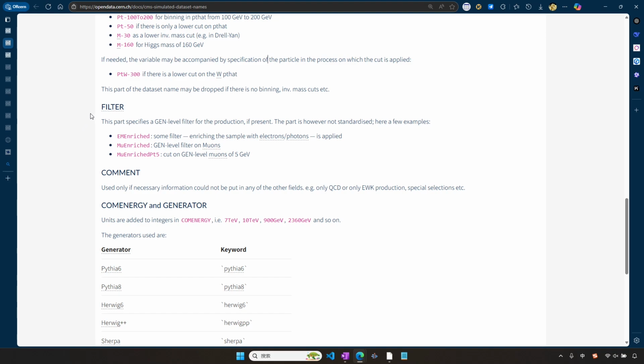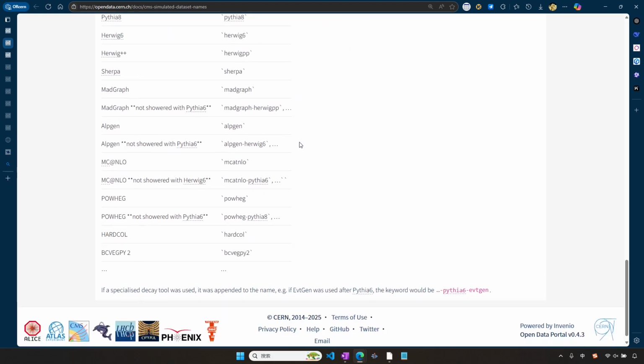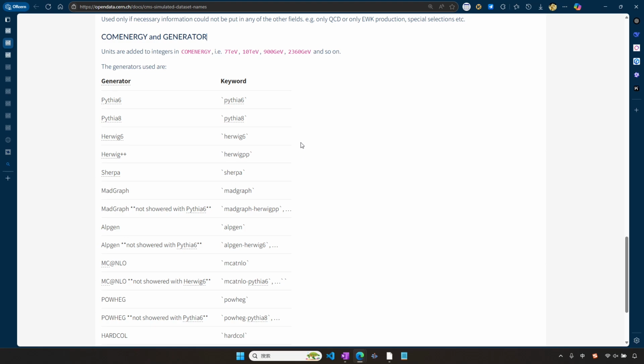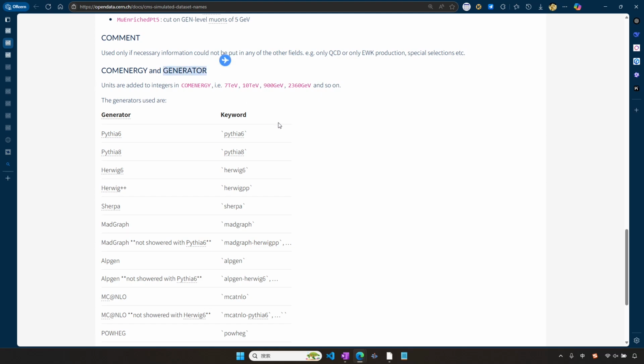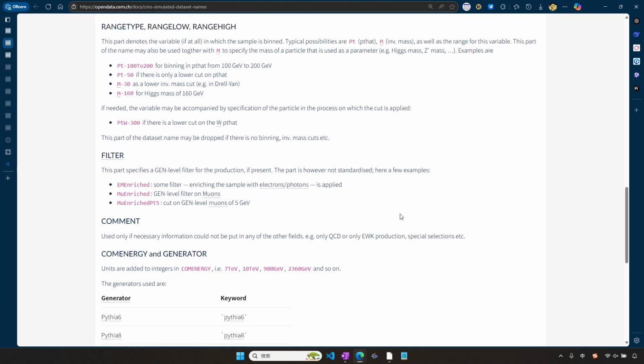And as we can see, filter often has three parts, and a comment is used only if necessary information needs to be put in. Okay, Pythia 6 means the generator, and there is a lot of information that can be known in detail.